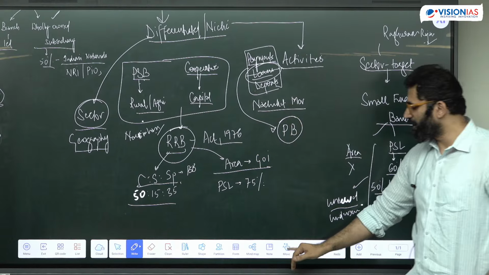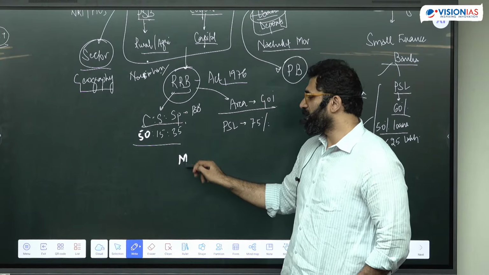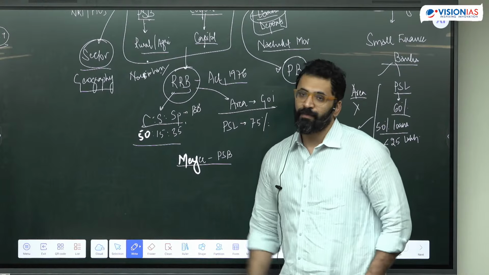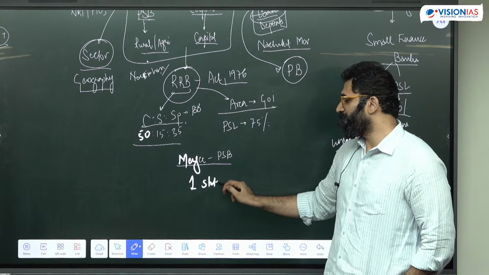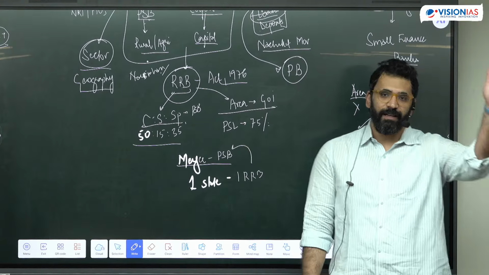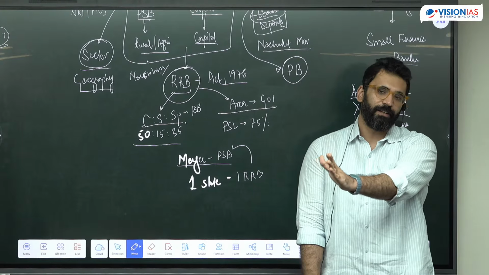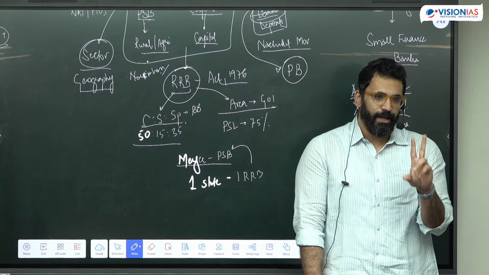So what the government did post 91 was consistently merge the RRBs with the public sector banks themselves. And now last year the government said we will have one state, one RRB. This is in continuation with the merger. From 196 we came to 96 till 2010, then from 2010 to 2015 we brought it to 45. Now we are saying from 45 we are making only 28.